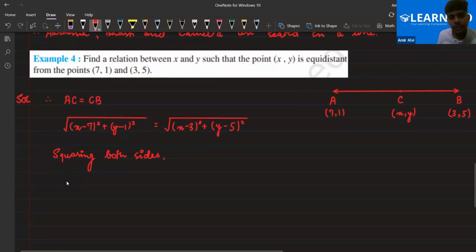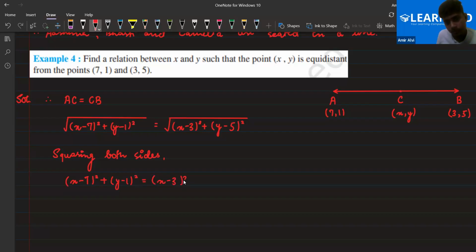Okay, squaring both the sides, you will get (x minus 7) whole square plus (y minus 1) whole square is equal to (x minus 3) whole square plus (y minus 5) whole square.